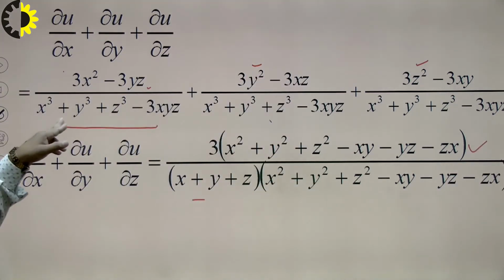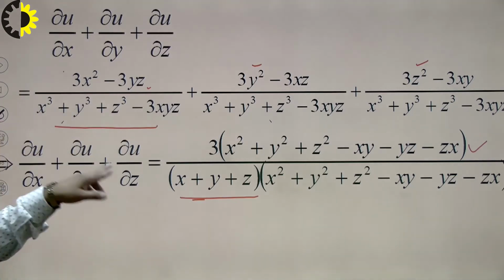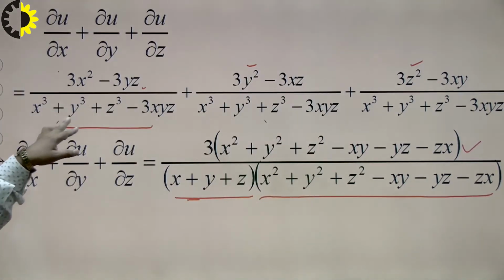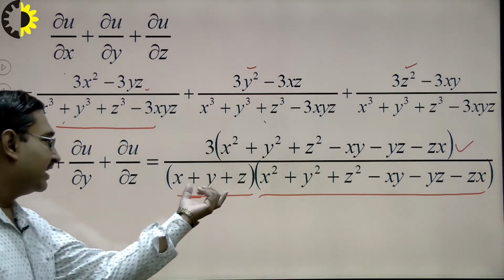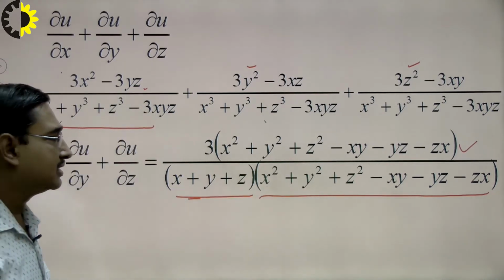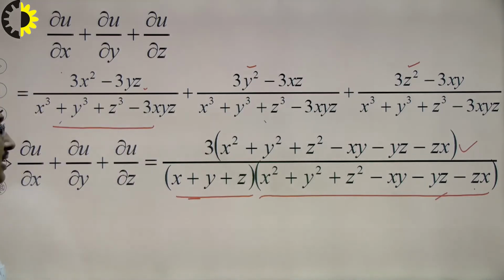Now, x cube plus y cube plus z cube minus 3xyz can be written in factorized form like this. It is the formula for the factorization of x cube plus y cube plus z cube minus 3xyz: x plus y plus z times x square plus y square plus z square minus xy minus yz minus zx.